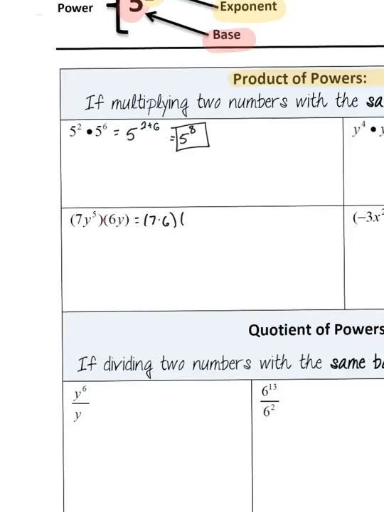Then you multiply the letters together. I'm breaking this up into two separate pieces. 7 times 6 gives me 42. Then y to the 5th times y, remember that has a 1 on it, so this is y to the 5 plus 1. So this is going to be 42 y to the 6th power.